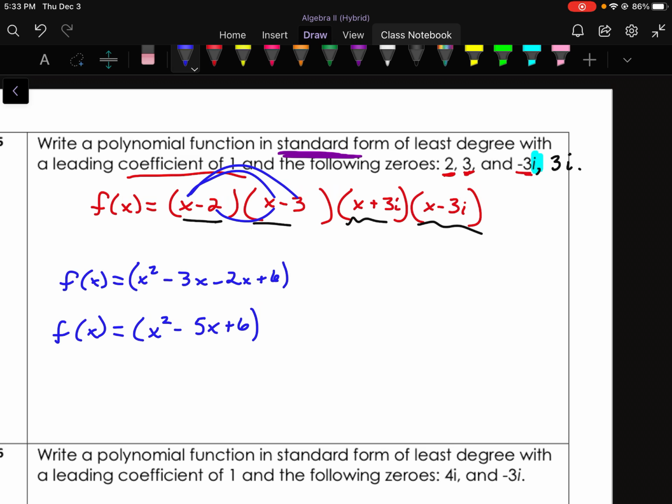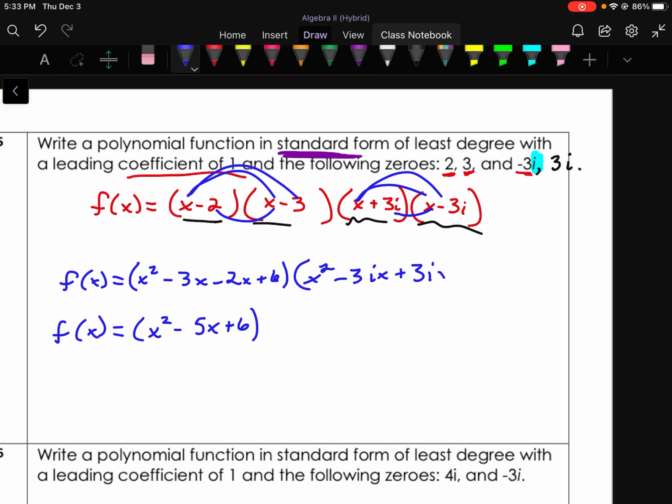All right, now I'm going to multiply these back 2 together. So x times x is x squared minus 3ix plus 3ix, and then minus 9i squared. So cleaning that up, and again, I combined like terms here.